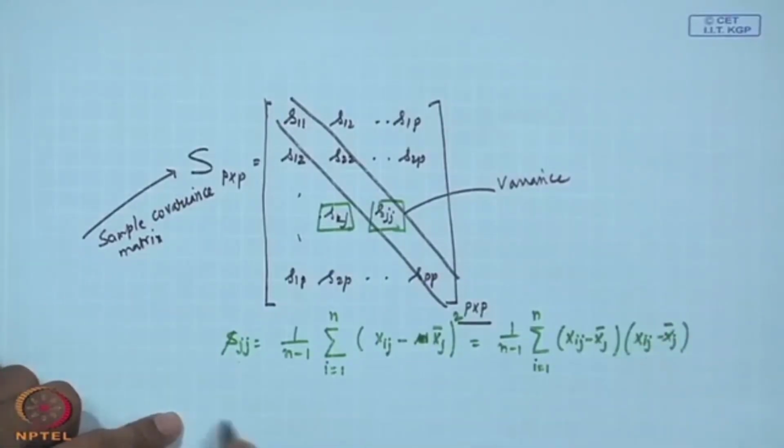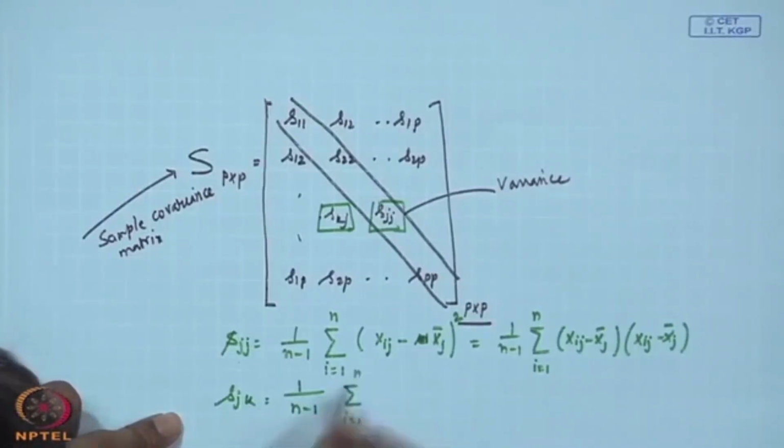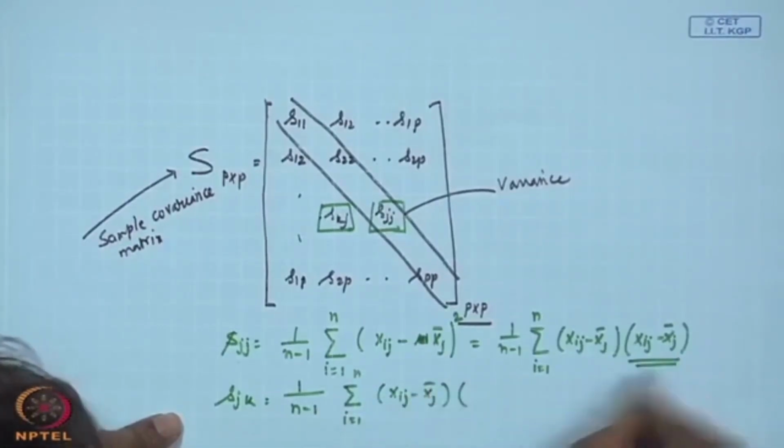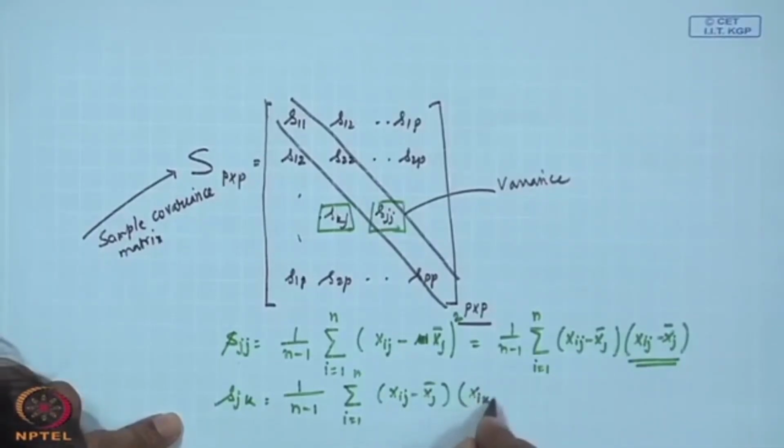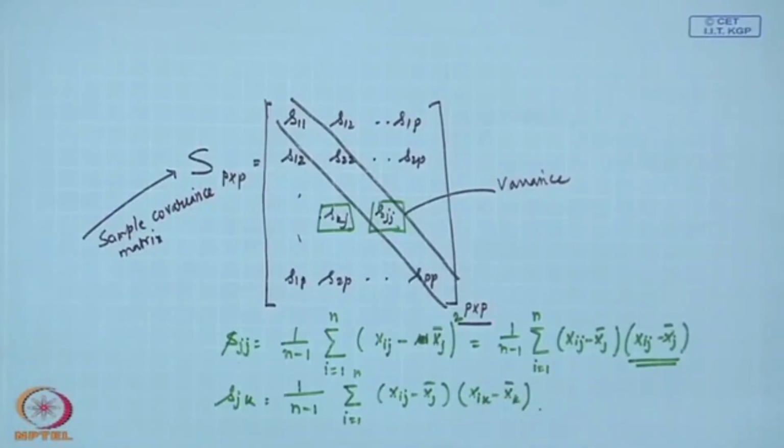So, using this I want to write Sjk. Sjk is 1 by n minus 1, sum total of i equal to 1 to n. First I will keep the j variable as it is, then in the second factor you introduce k. Correct.